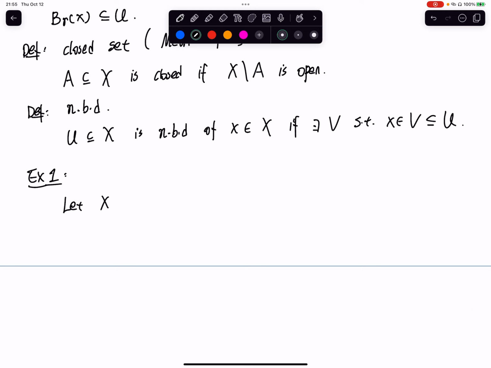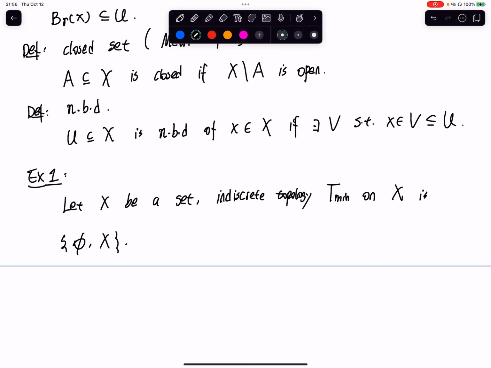If we let X be a set, the indiscrete topology, which we may denote as T_min on X, is defined to be only the empty set and the whole space. And the discrete topology, namely T_max, is the power set of X.